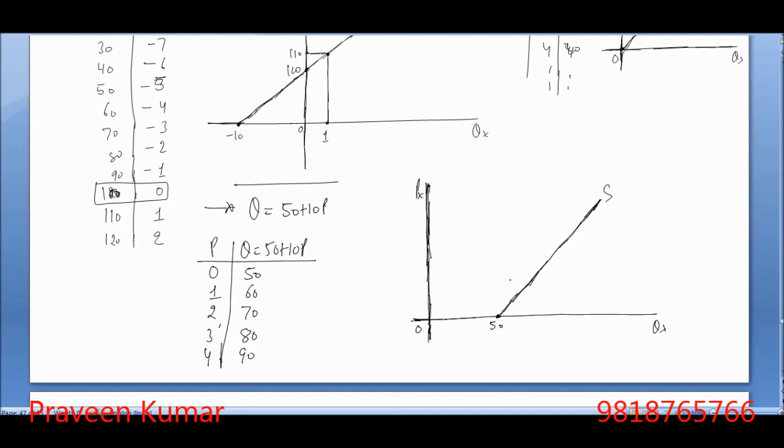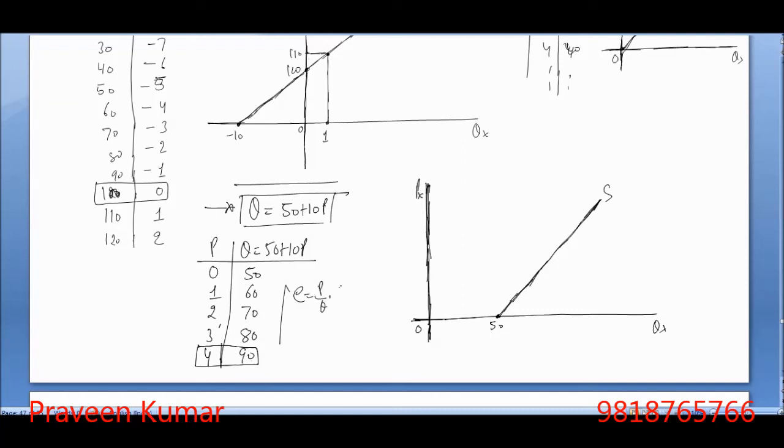This is the supply. Now see, we can also calculate elasticities with this. Suppose at this price, when the price is 4, the quantity is 90; let's calculate the elasticity. Now in this case elasticity is what?